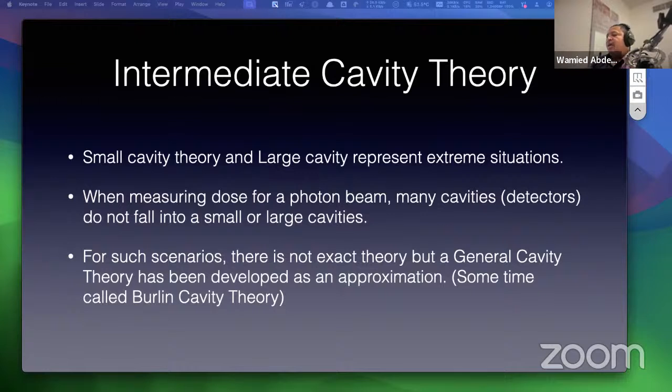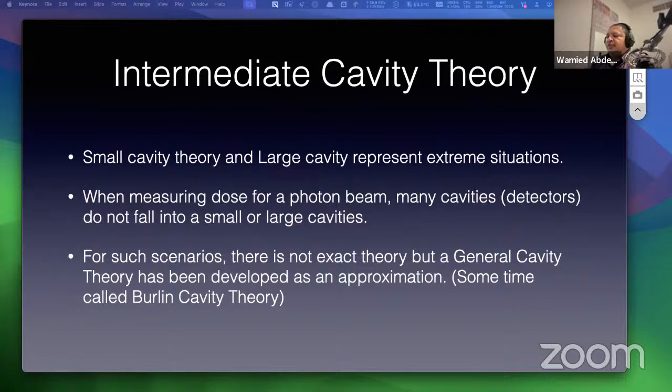So photons are going to interact in the surrounding medium. We're talking about a photon beam, by the way, but it could be, for example, a charged particle. But anyway, if we have a photon beam and suppose the small cavity conditions apply, what does this mean? It means that the photons only interact with the surrounding medium.